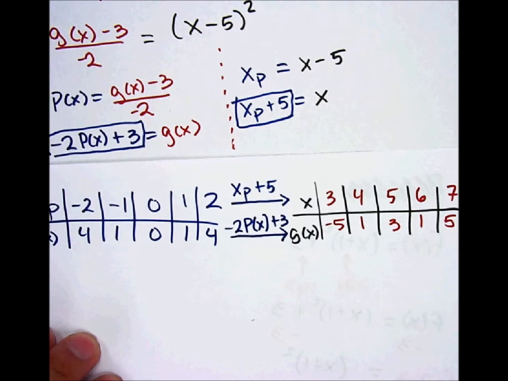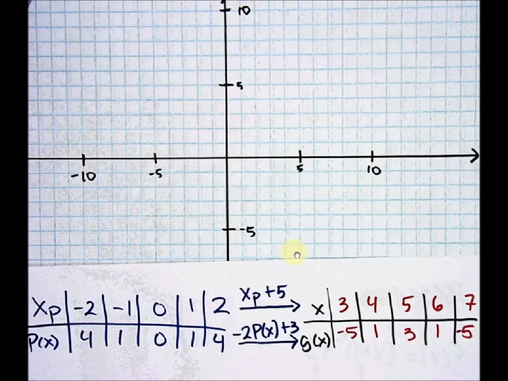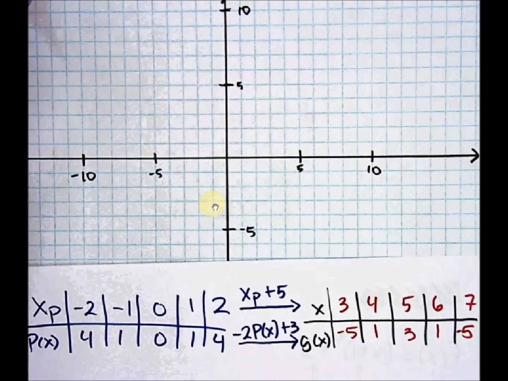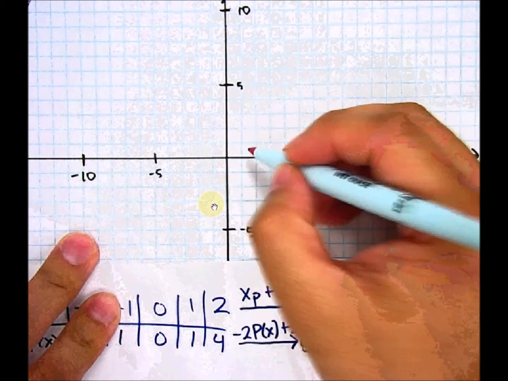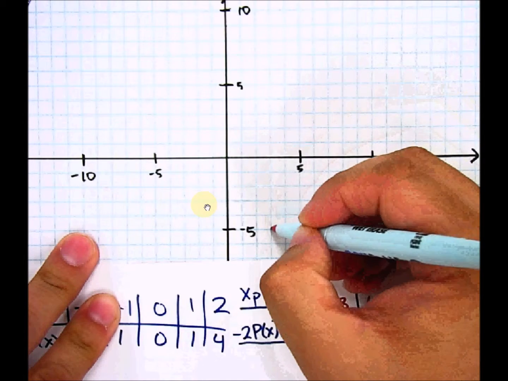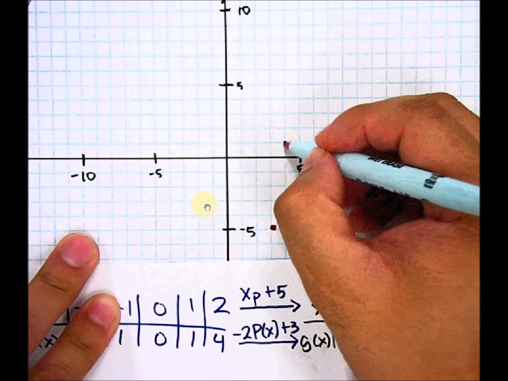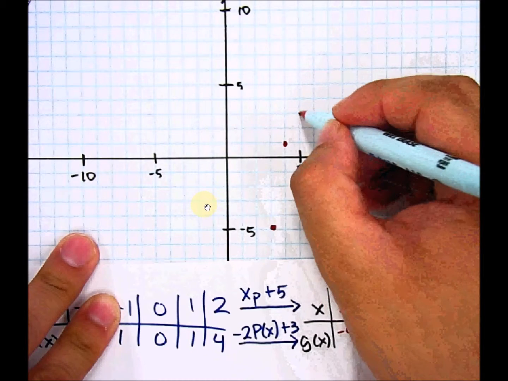So, why don't we go ahead and graph it? Alright, let's graph this thing. So, plotting my points, over 3, up 4, over 3, down 5, 4, up 1, 5, 3.